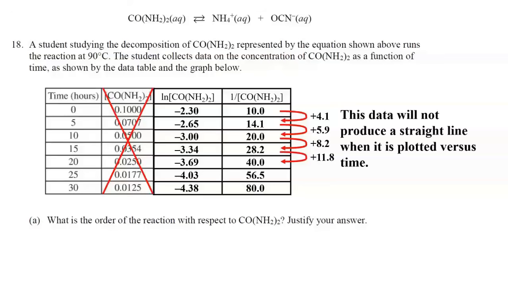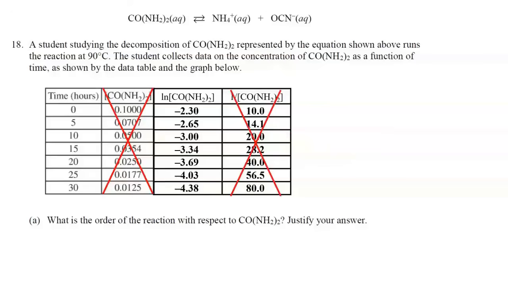So now that leaves us with natural log of concentration versus time. So every 5 hours, that value looks like it's getting lower and lower. It's decreasing, but I can tell that in the first 5 hours, that value is decreasing by 0.35. In the next 5 hours, it's also decreasing by 0.35, and then I have a decrease of 0.34, but that's really close.